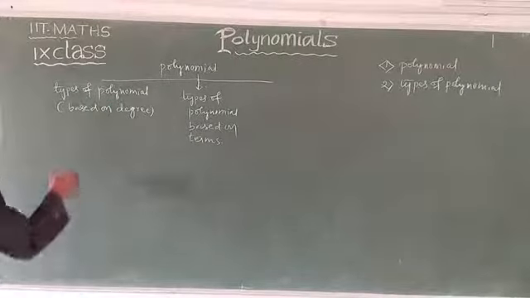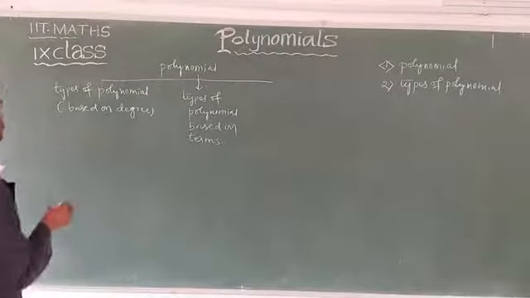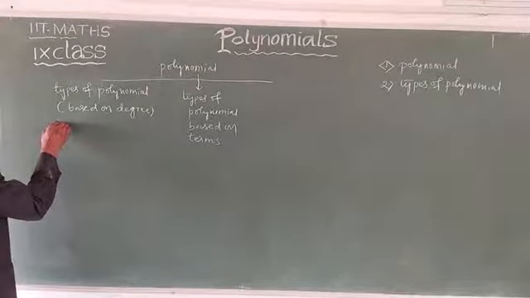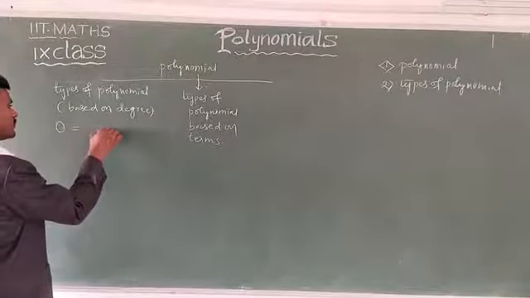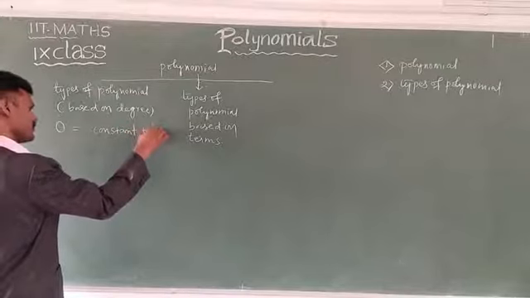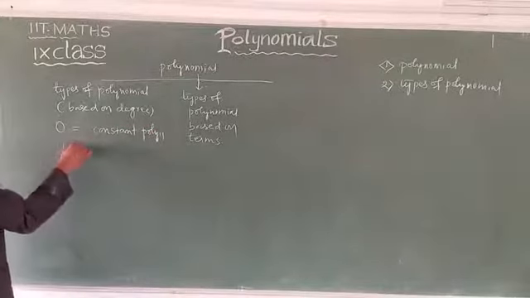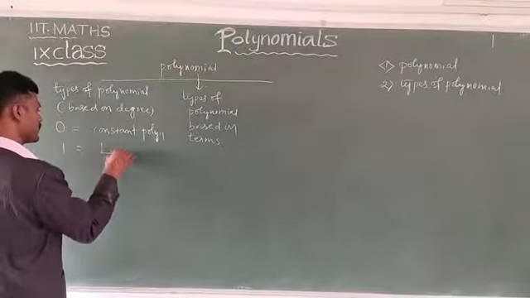Next, see here, polynomials based on degree. Here degree means 0 degree. If the degree is 0, then this is a constant polynomial. If the polynomial's degree is 1, it means linear polynomial.